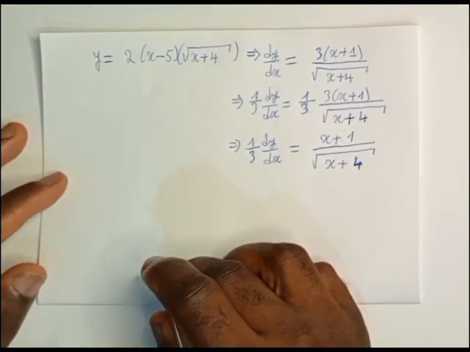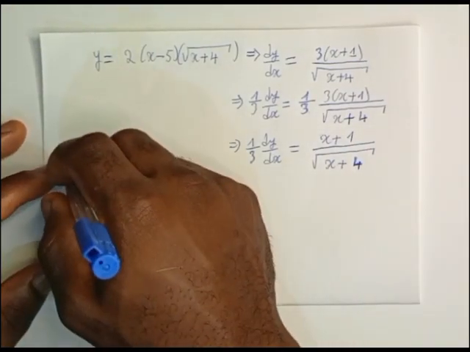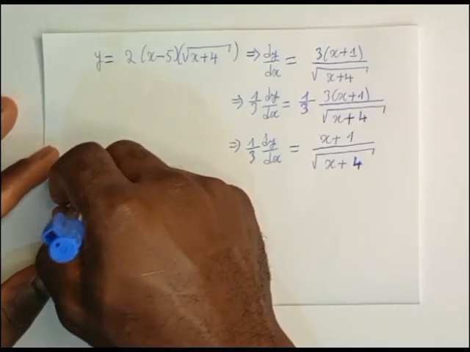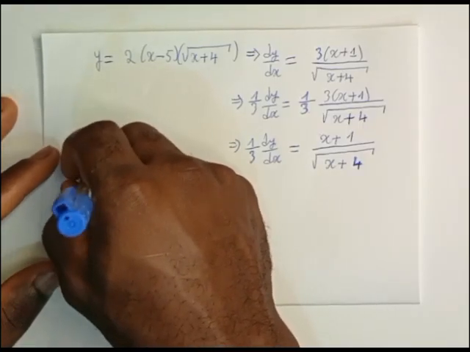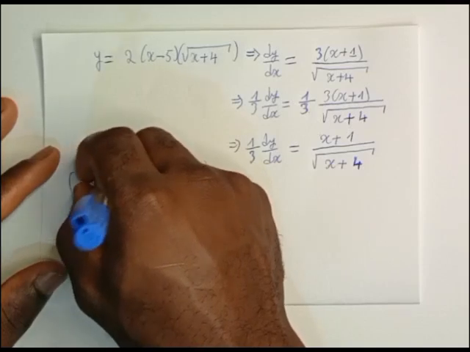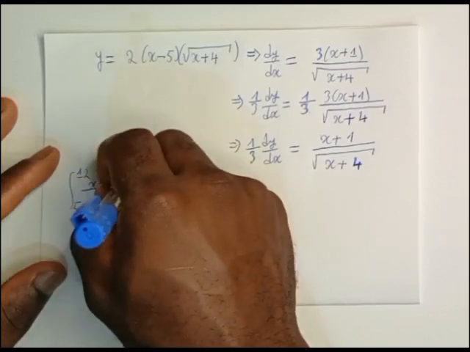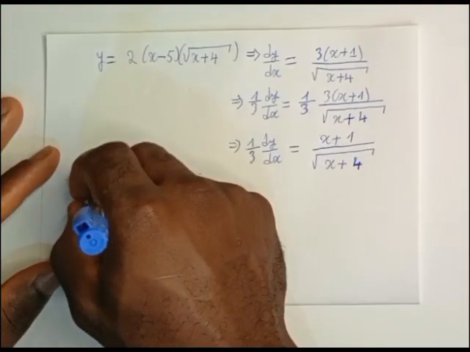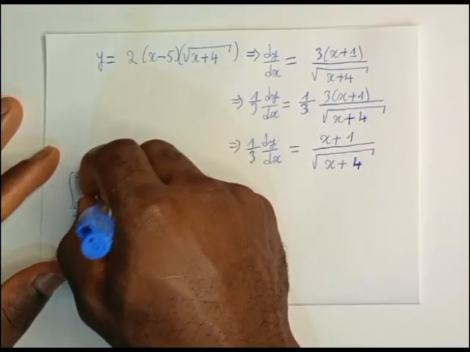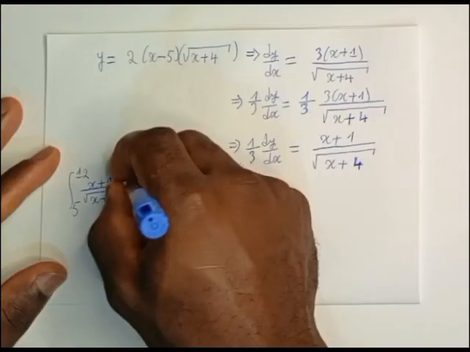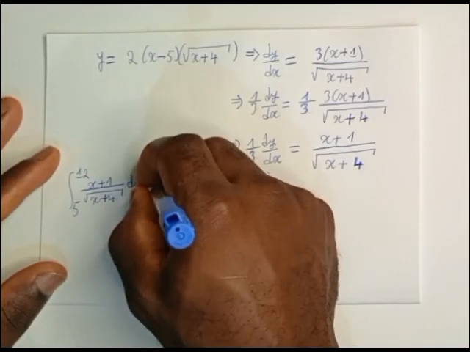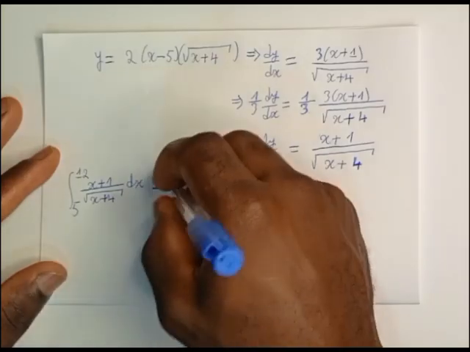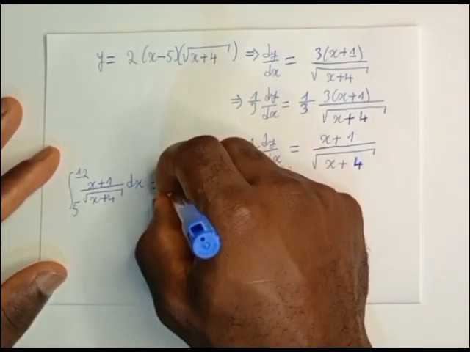Now if we take the integral from 5 to 12 of x plus 1 all over the square root of x plus 4 dx, it is simply equal to 1 over 3.